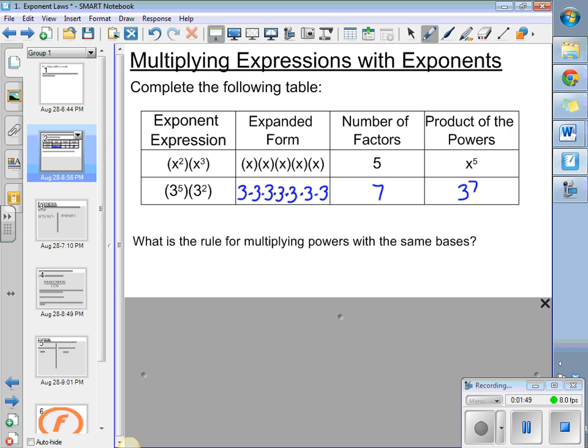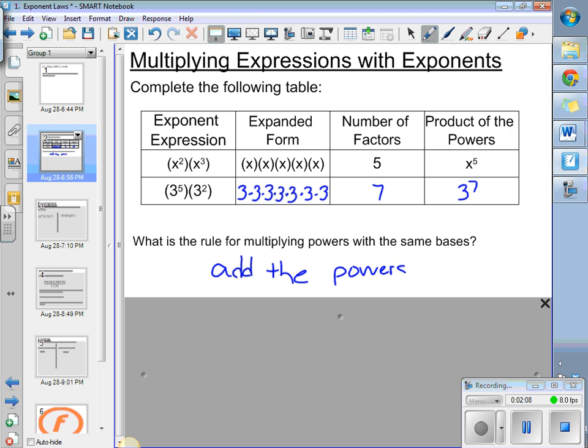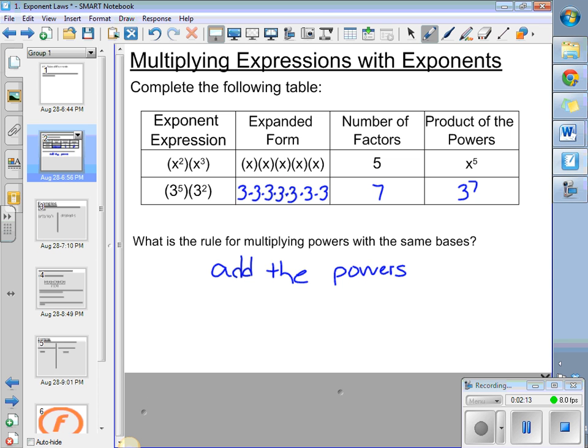So the rule for multiplying powers with the same base is that you add the powers. Okay, so we're adding the powers, and that's all we have on the slide.